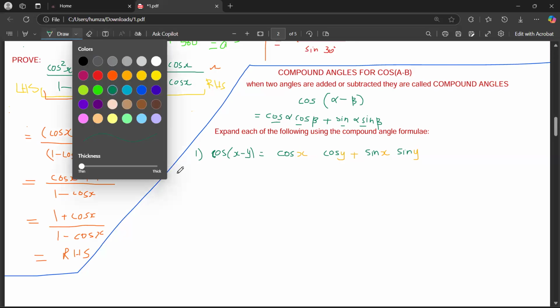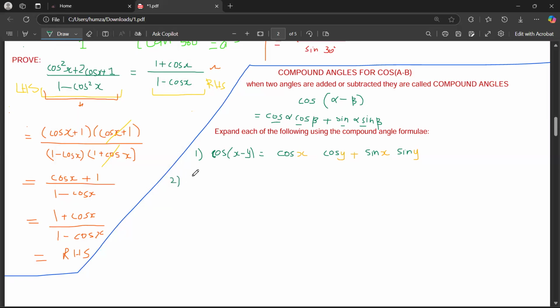Now let's look at another question, which is your question number 2. Cos A minus 60 degrees. Now again, we are going to write the pattern: cos, cos, sin, sin.